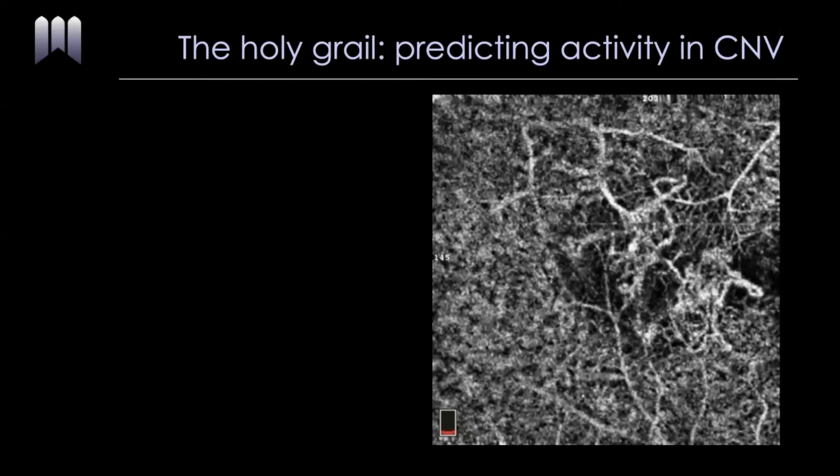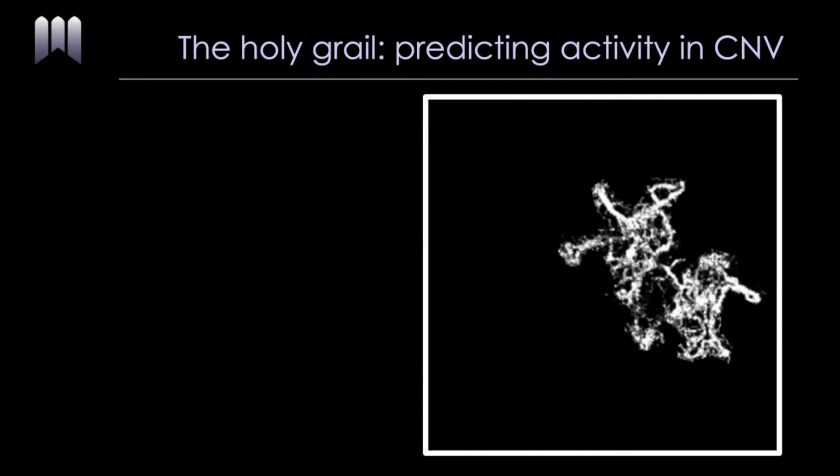When we look at OCT angiography, we were all very excited to see the entire lesion with all its ramifications. And we thought, wouldn't it be nice if we had some parameters from OCTA that tell us how frequently we're going to need to treat this eye.